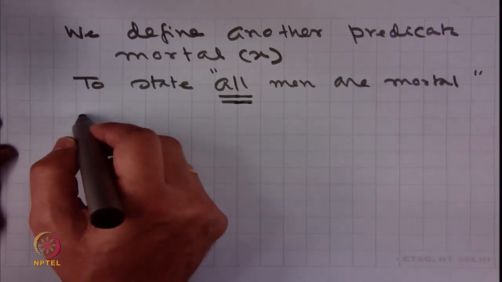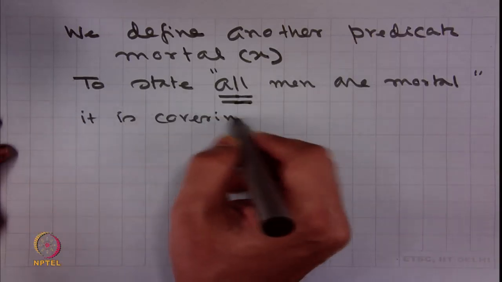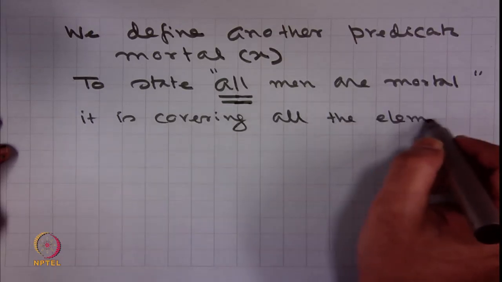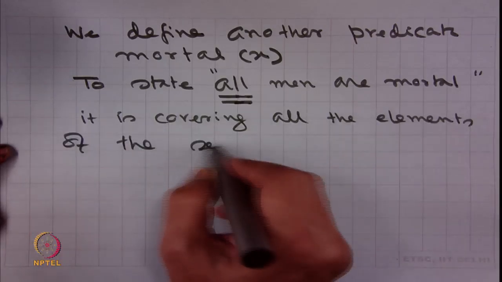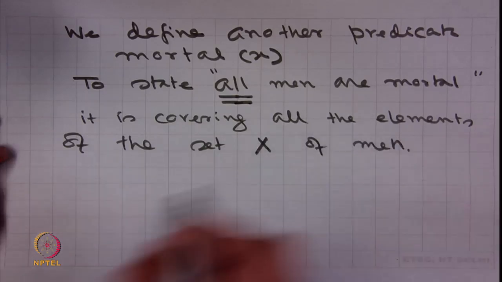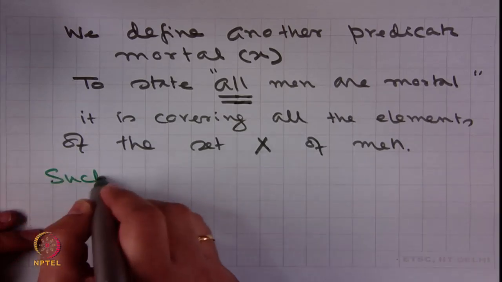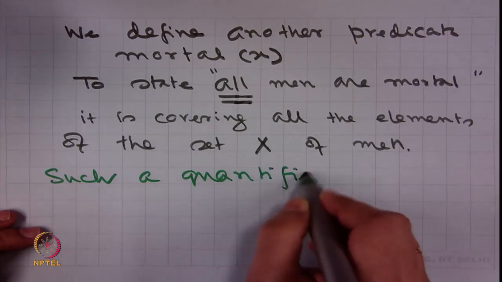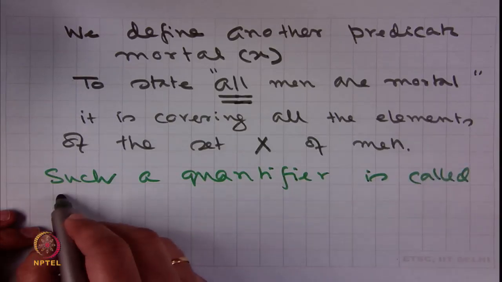It is covering all the elements of the set X of men. Such a quantifier is called universal quantifier.